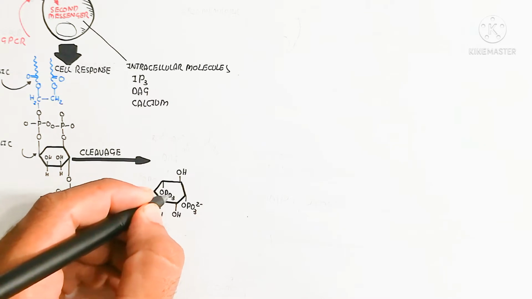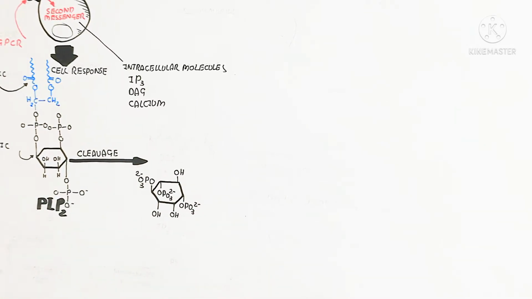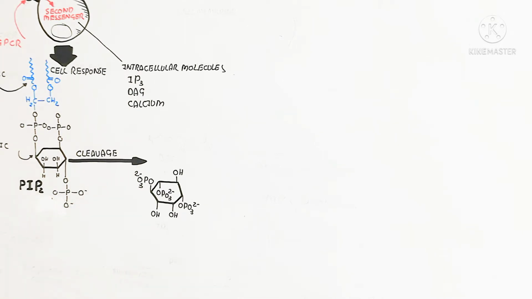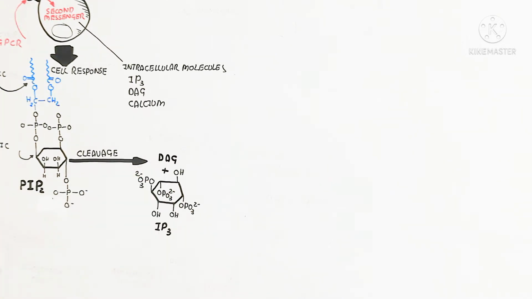So IP3 and DAG will dissociate from the PIP2, and this mechanism we will understand later in this video. First of all, we should understand PIP2 and IP3. That is the mechanism for the secondary messenger from the primary messenger as a ligand.